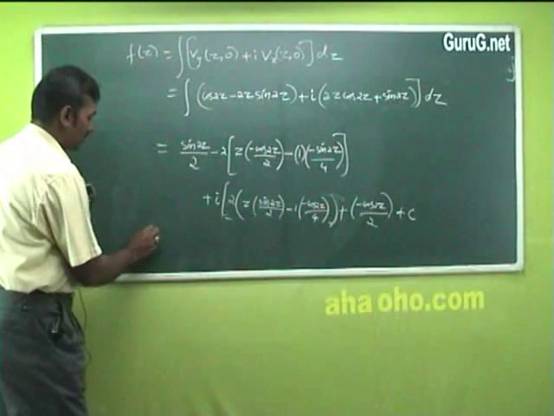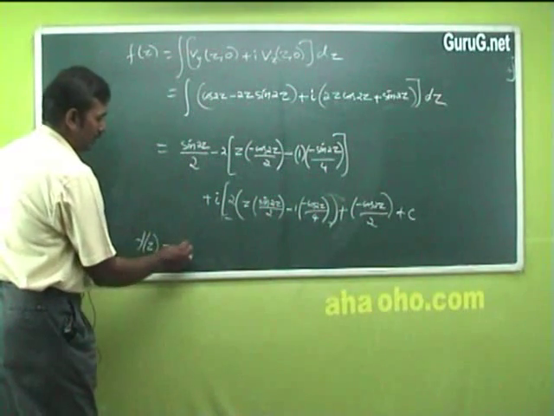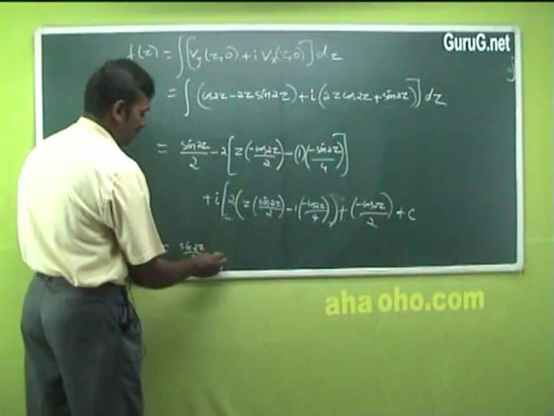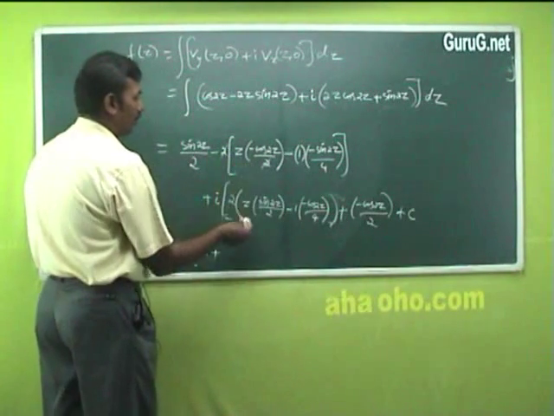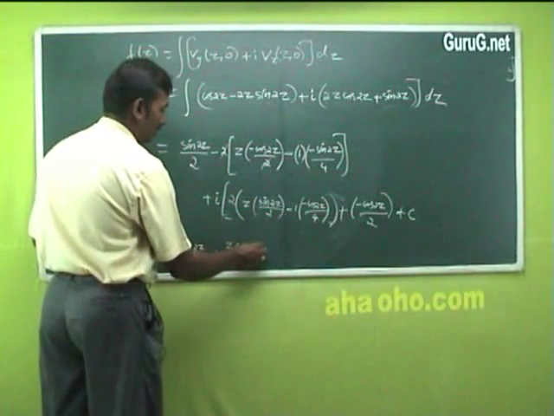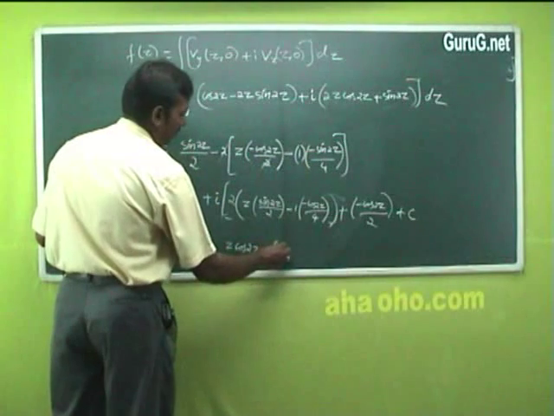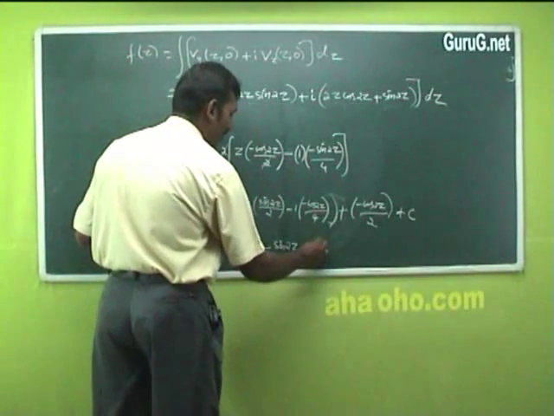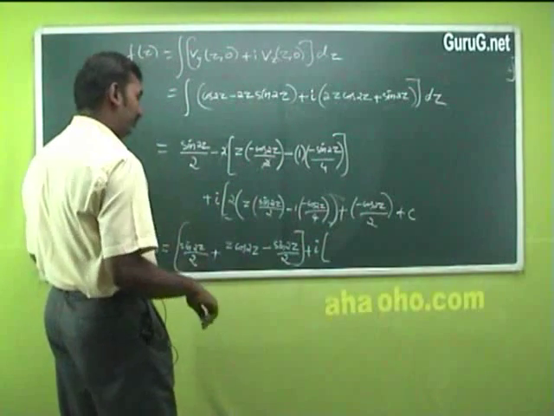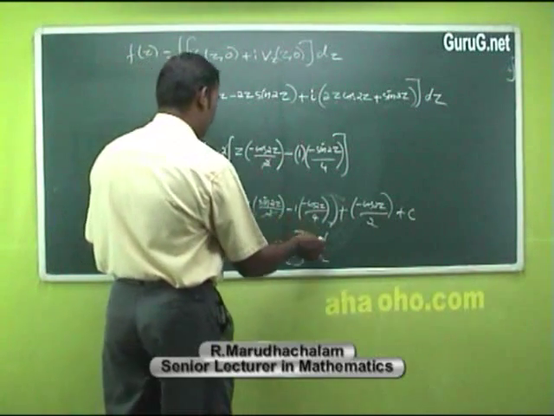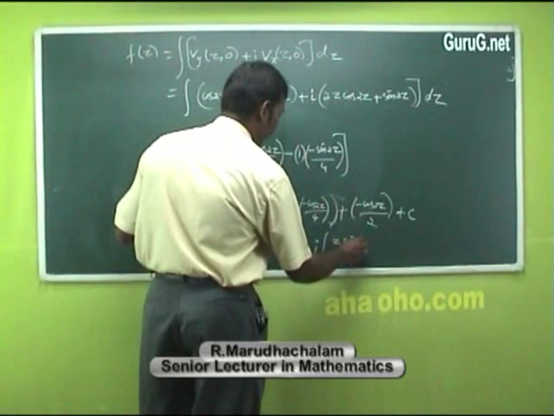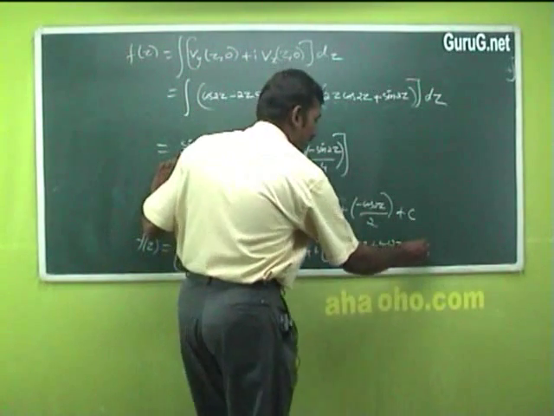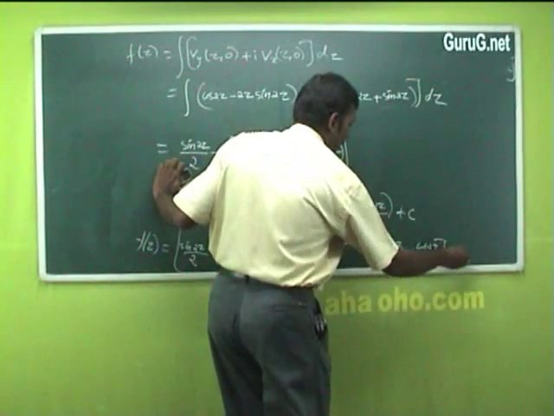So simplifying, f of z equal to sin 2z by 2, minus minus plus, this 2 gets cancelled, z cos 2z, minus minus plus again minus sin 2z by 2, then plus i into z sin 2z minus minus plus cos 2z by 2 minus cos 2z by 2 plus c.